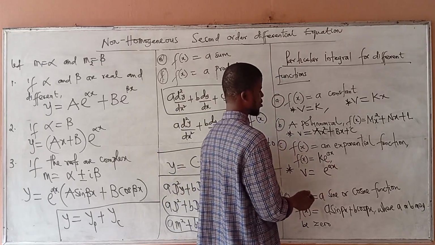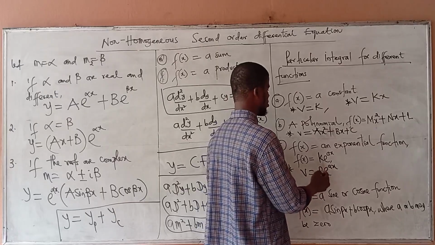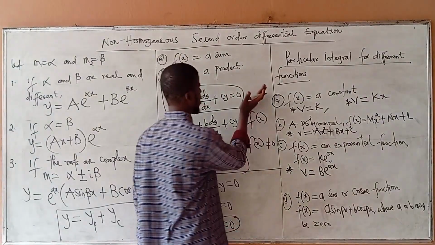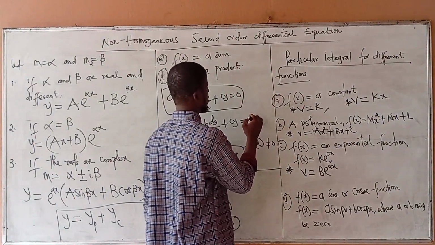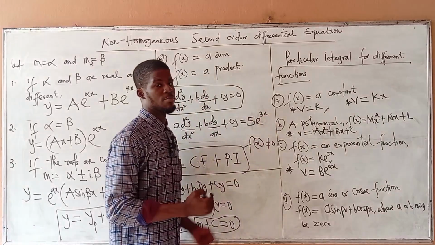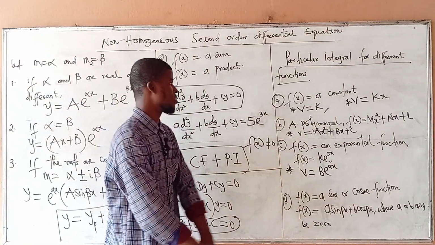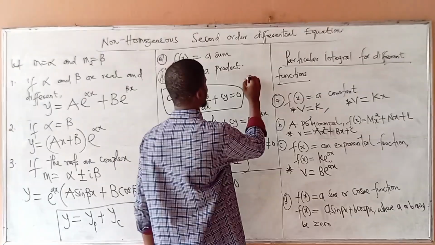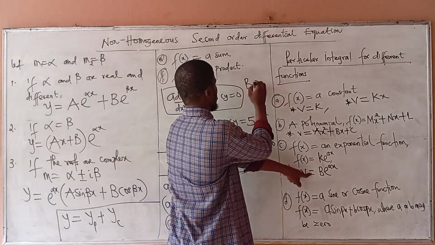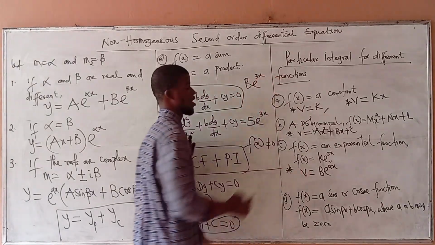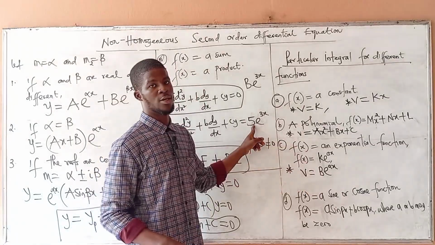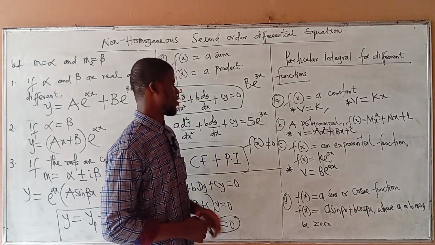You can now use b. You get it? So if I have something like, let's say, 5 exponential 3x, my particular integral in this case will be, I can use any constant, let's say b exponential 3x. That's what I mean. This will be the particular integral for this kind of function. You get it? So this is one case.